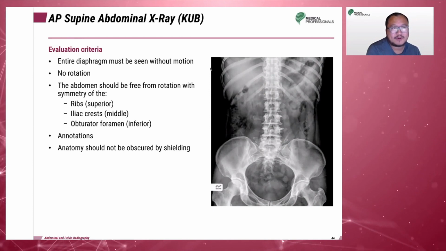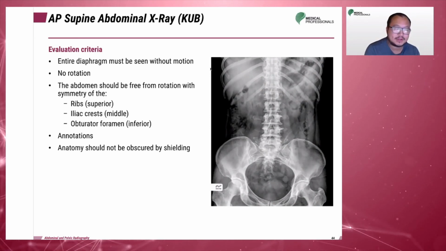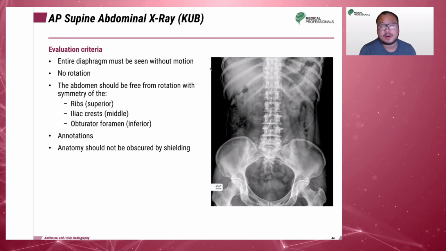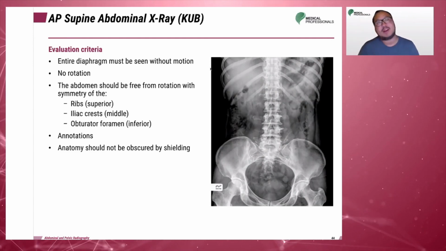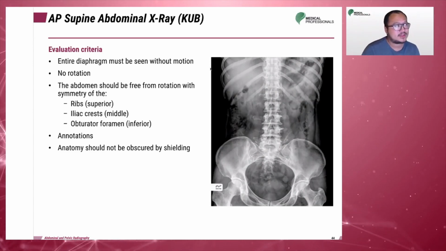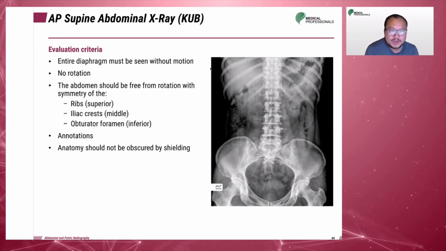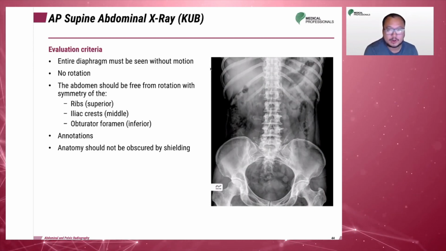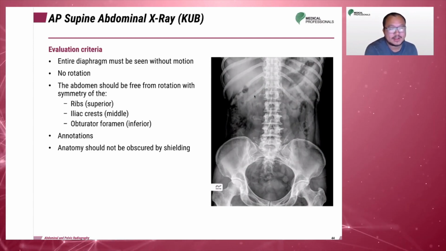Now, the entire diaphragm must be seen without motion. That one is potentially different depending on the facility you work at. Over the course of the 10 years I've been a radiologic technologist and the various clinics I've worked at, I always have to ask how places do their abdominal x-rays. Because I've been to some places where only the kidneys need to be seen.